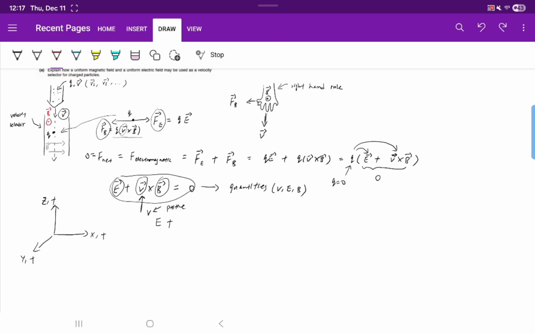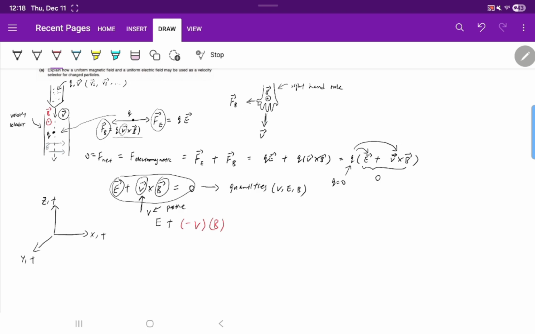So to make this velocity a negative value, you need to put a negative v, right? And you know that the direction of the magnetic field is out of page, which is in the positive y direction. That means we can just write down B, right?